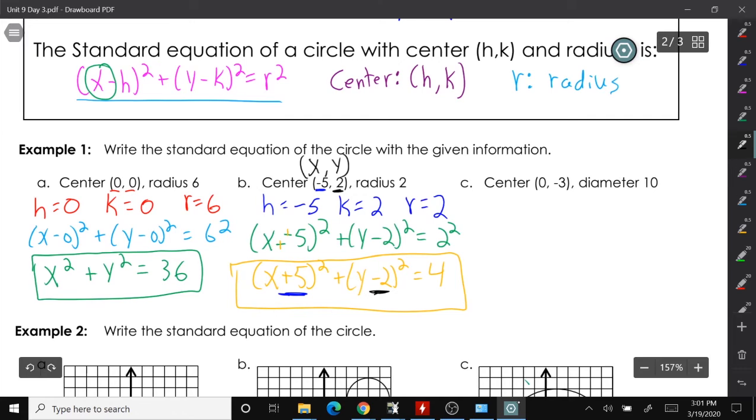Now, letter C, our h value is 0, our k value is negative 3. The r value, though, they're telling us right here the diameter is 10. That means the radius must be half of that, or 5.